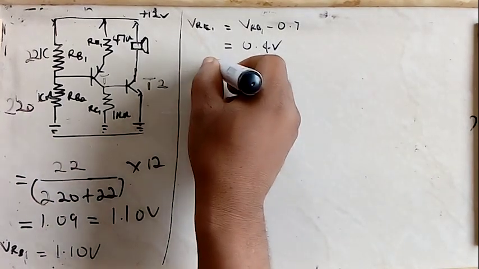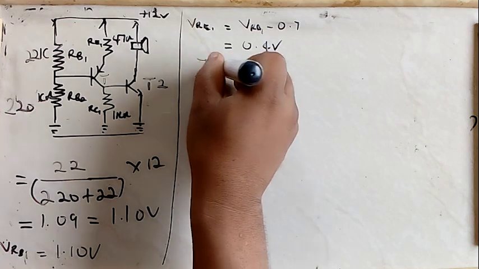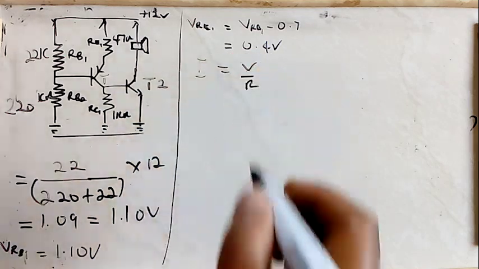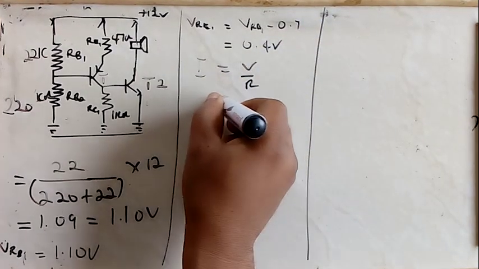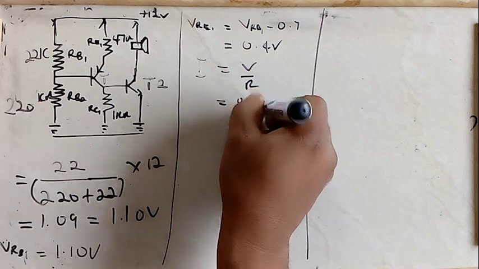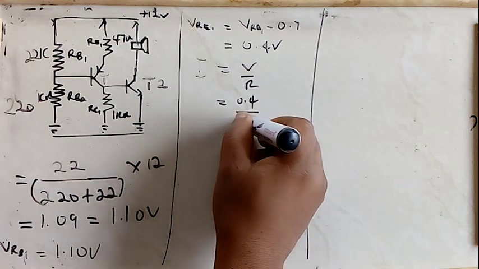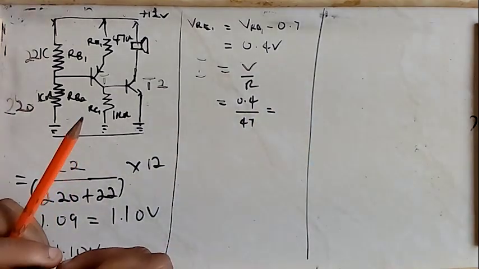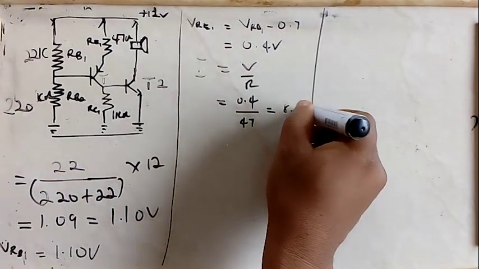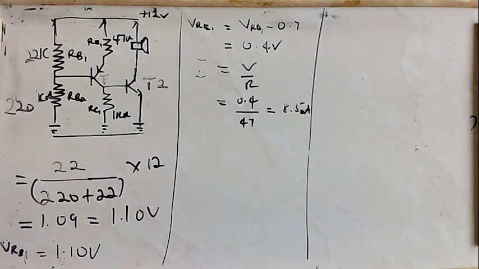So Ohm's law, we say current is equal to V over R, which means that our voltage 0.4 divided by the 47 ohm resistor that we have here should give us a value, I think 8.5 milliamperes. I think that should be right. 8.51 milliamperes. Let's say it is 8.5. So that would be the current that will be passed by RE1.